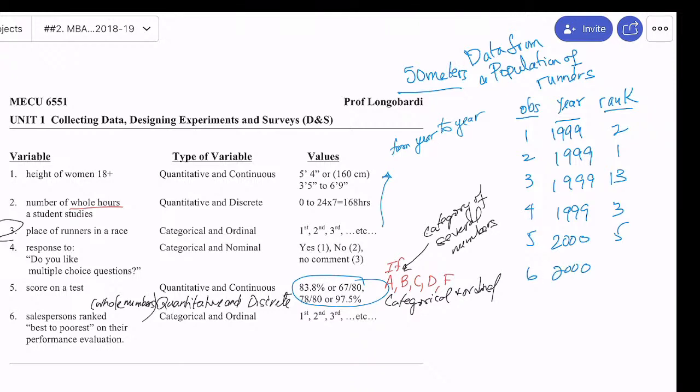So what I have here is that different races were run over different years, and what makes you first place in 2000 is different than what makes you first place in 1999. And that way, it's subjective.